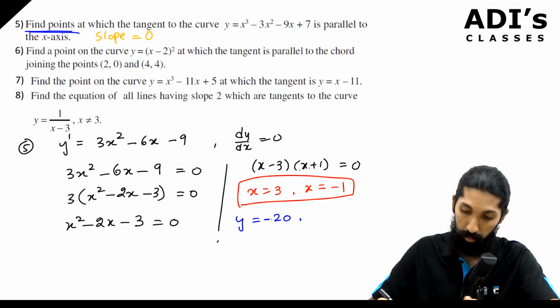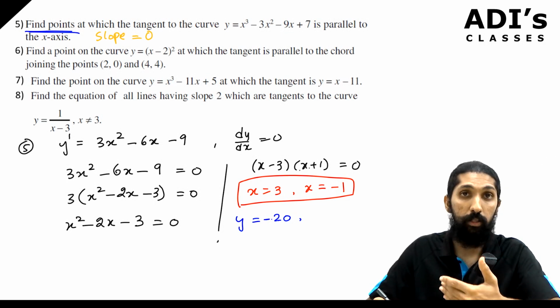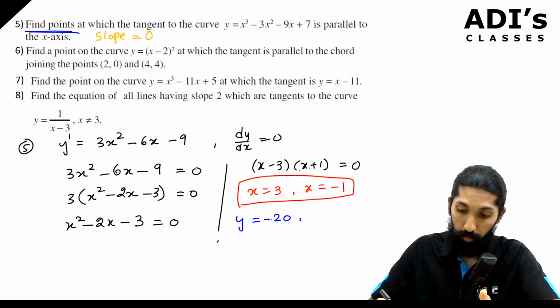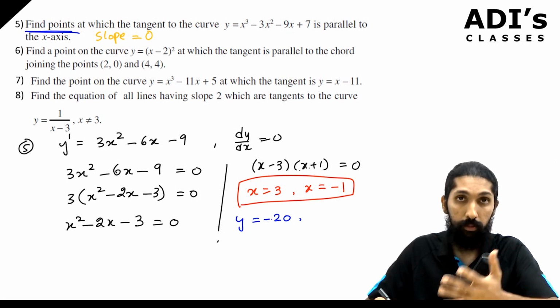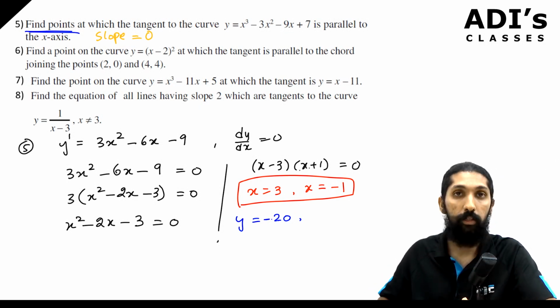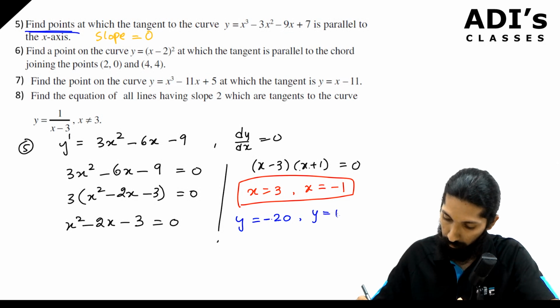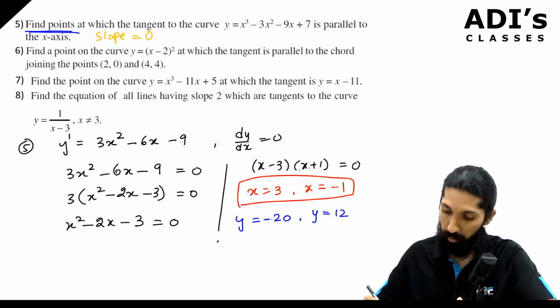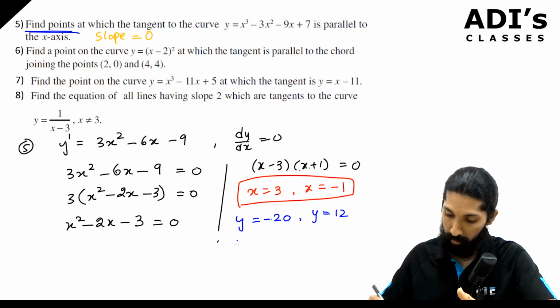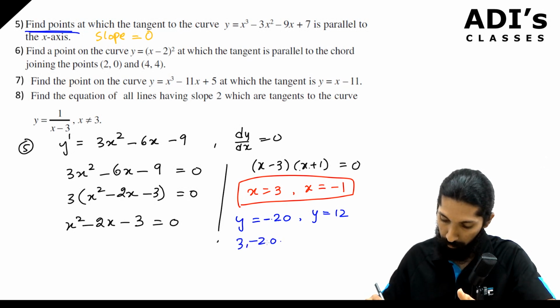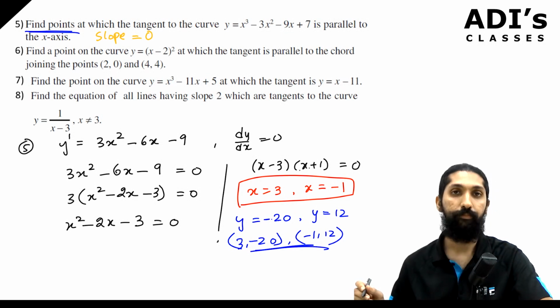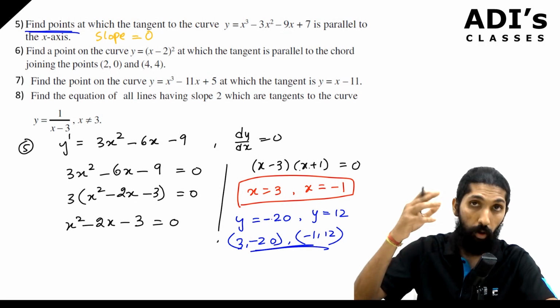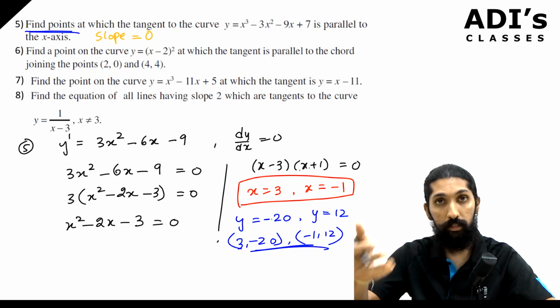Which is going to be minus 1 minus 3 is minus 4 plus 9, which is 5. 5 plus 7 is 12. So here y is equal to 12. So in other words, the final answer you can call it as 3 comma minus 20 and minus 1 comma 12. These are the points, rather than saying these are the answers.